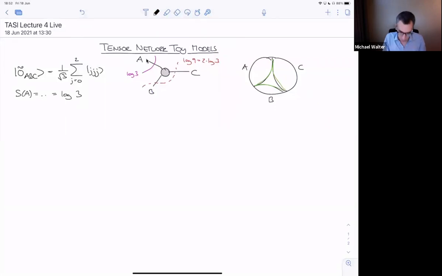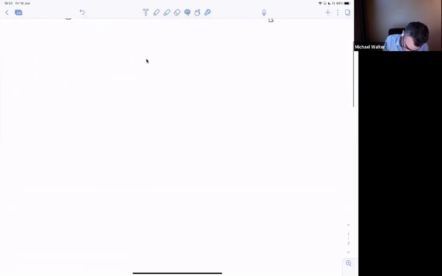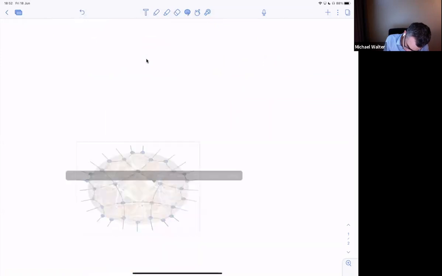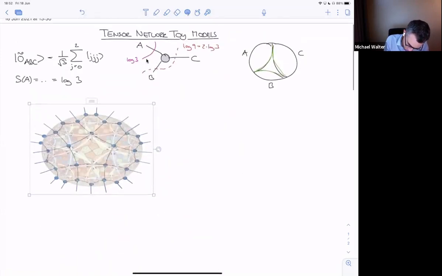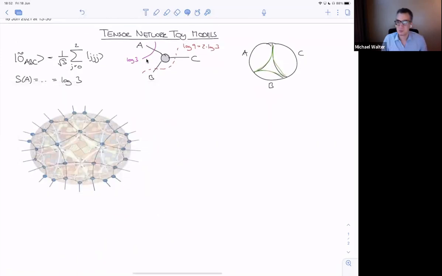Okay, well, how are we going to do this? We're going to take this beautiful picture of a tensor network that in some sense tries to approximate the geometry of the hyperbolic disk in some way, right? It's of course discrete, so it can't capture all symmetries, but it's something that looks maybe like some fairly regular tiling, maybe not so regular in this case.